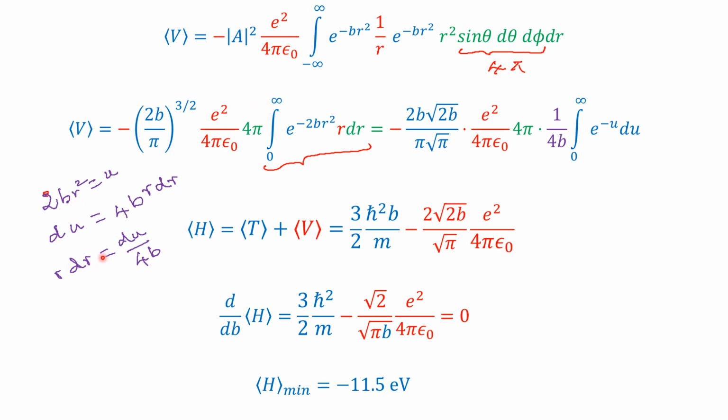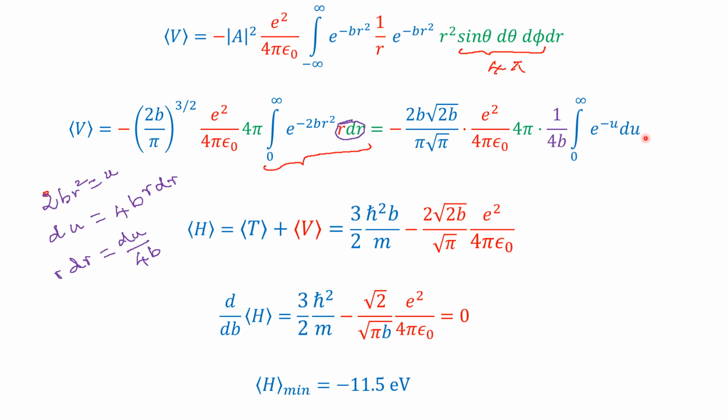Now we are easily eliminating r dr. r dr is equal to 1 over 4p into du, and du I am keeping inside. Then 2p r squared is u, so I am using e power minus u du.